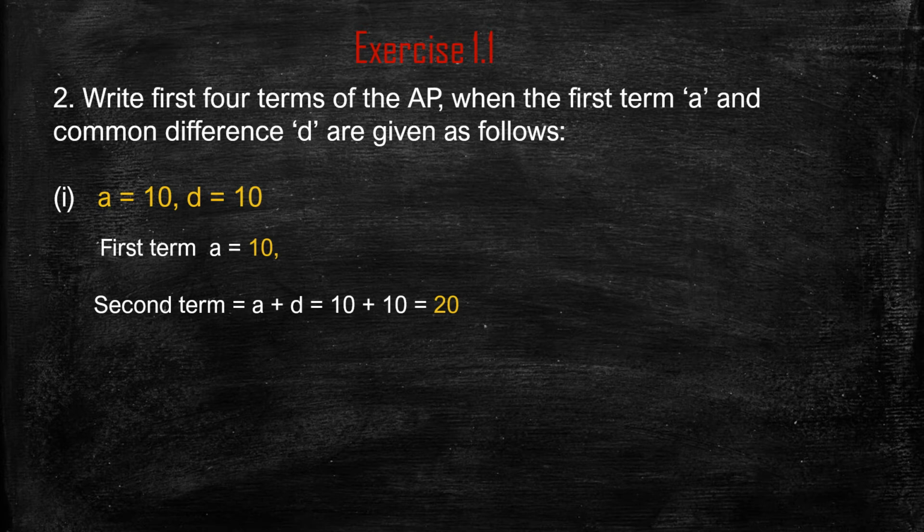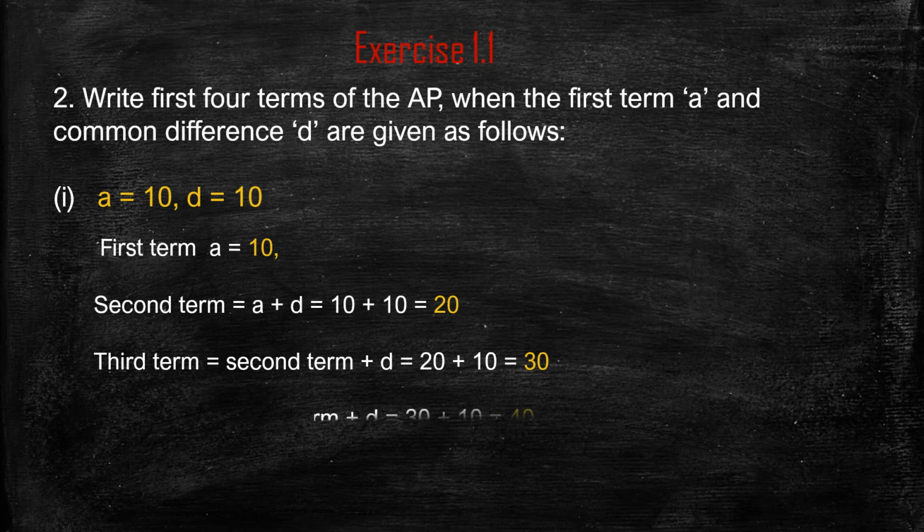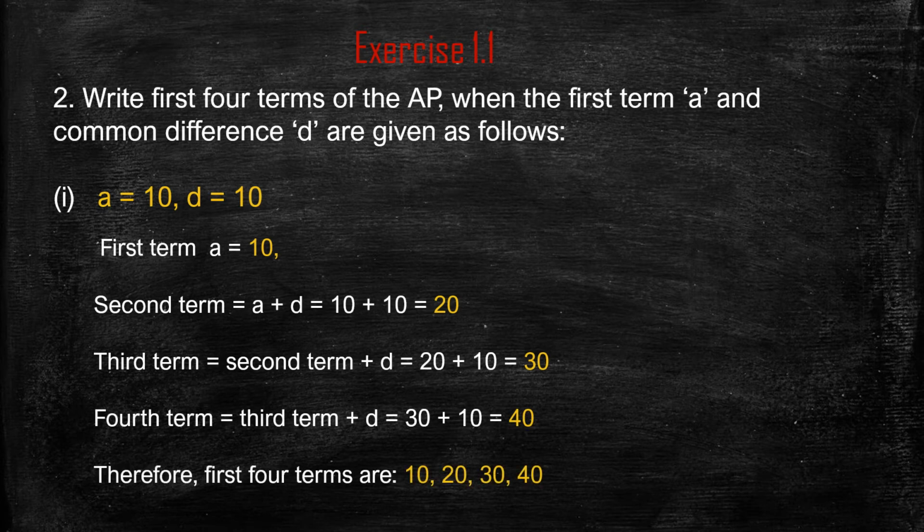Third term will be second term plus the common difference, that is 20 plus 10 gives 30. What will be the fourth term? Third term plus the common difference. What is the third term? 30. So add 10 to it. So 30 plus 10 is 40. So the first four terms of the AP are 10, 20, 30 and 40. Understood?